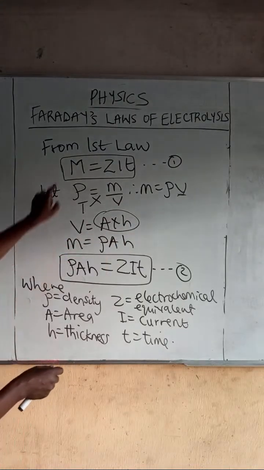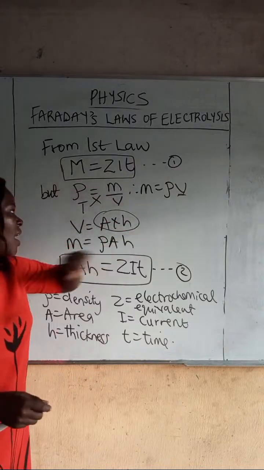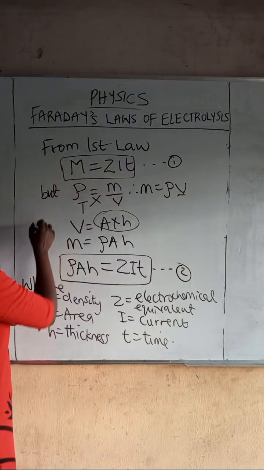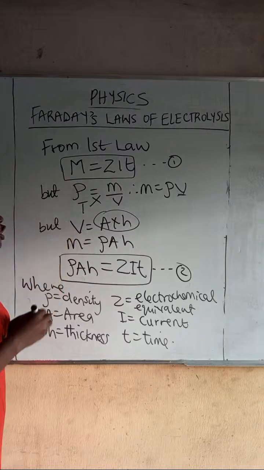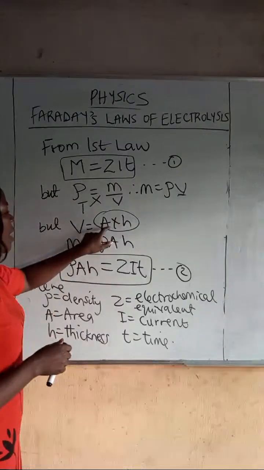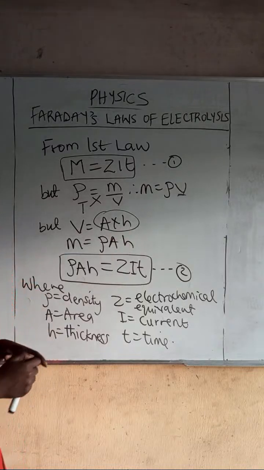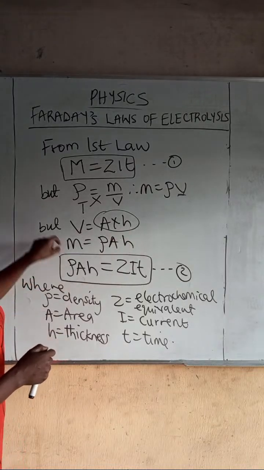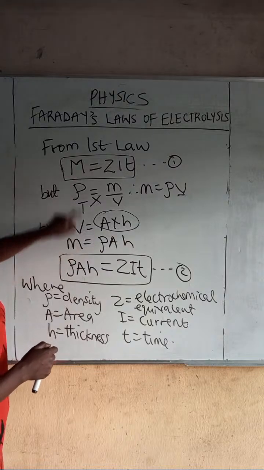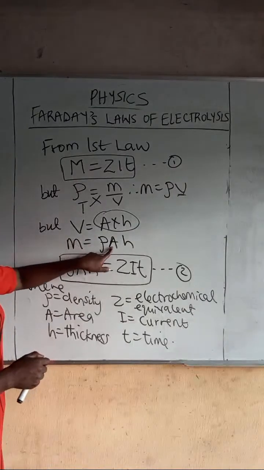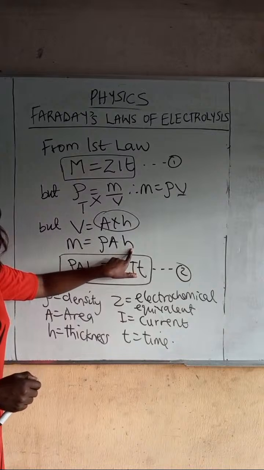So I'm replacing this mass with density volume. And also, I should remember that volume is area times what? Height. And my height here is classified as the thickness. Now, if that is the case, I'm going to replace this mass here to be density times area times thickness.